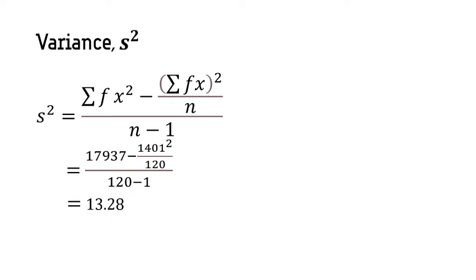So we know that the cumulative of fx square is 17,937, which will be minus 1,401 square, which is divided by 120, and the whole thing later on will be divided by 120 minus 1. The variance that we see from this equation is 13.28.